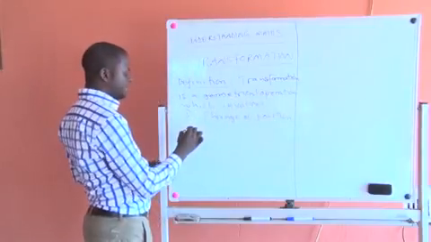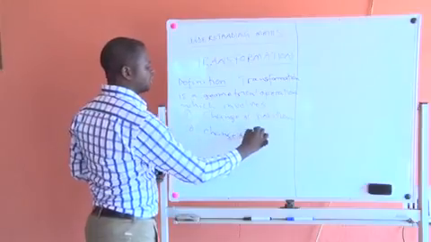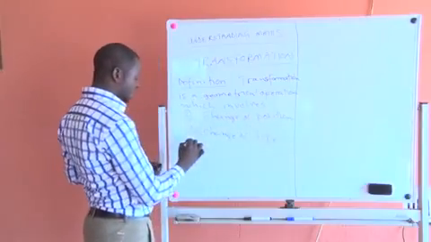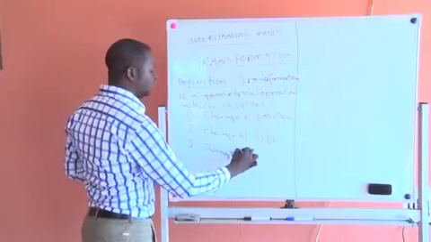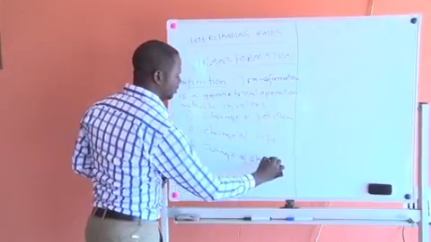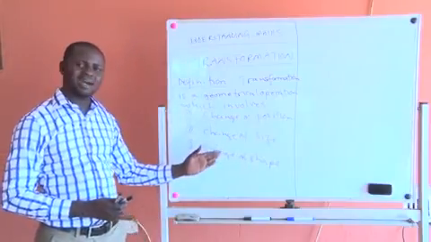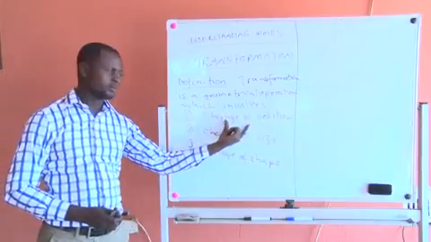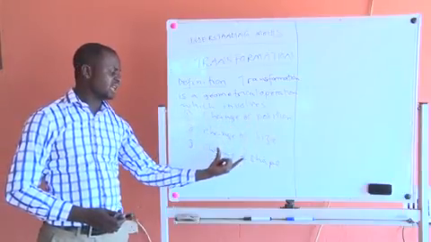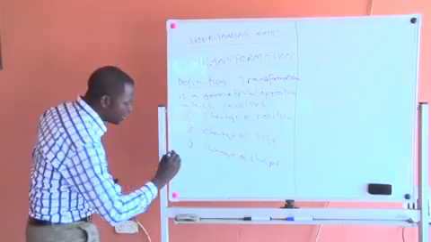Number 2, which also involves change of size, and then lastly, change of shape. So you need to remember these are the 3 critical happenings during transformation: change of position, change of size, and change of shape.